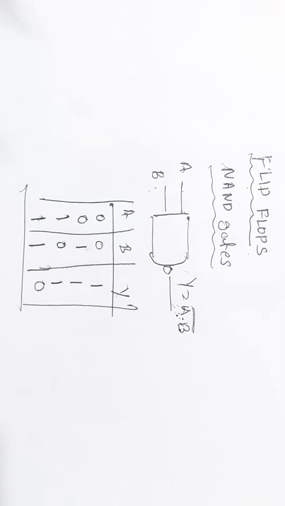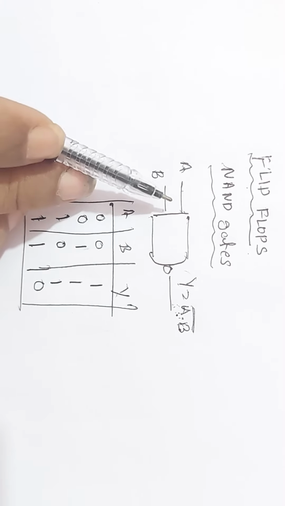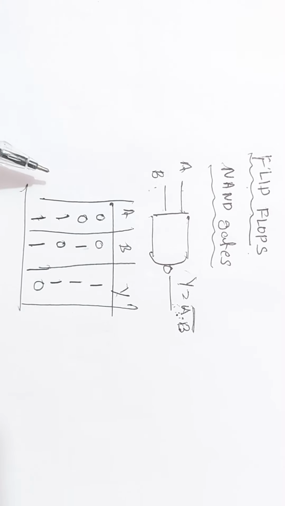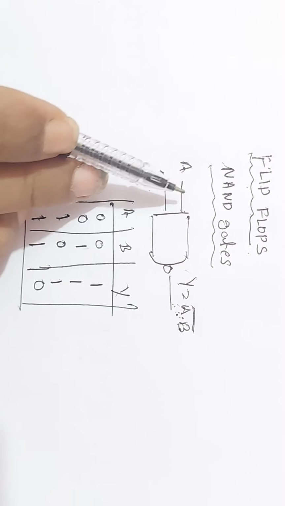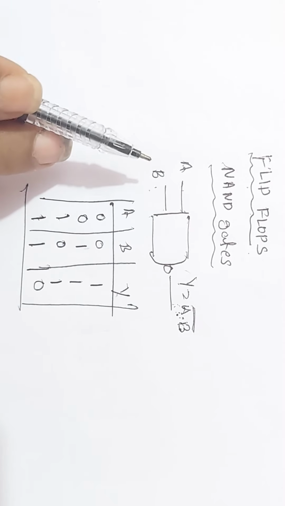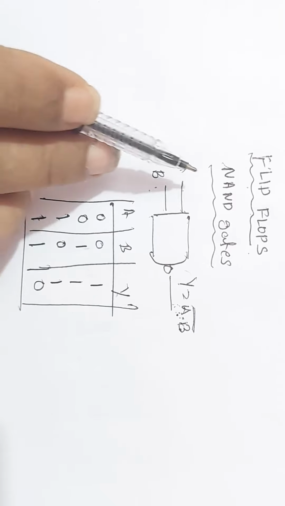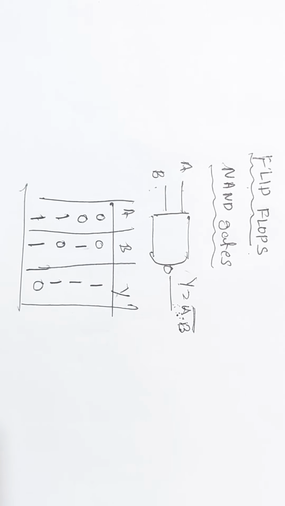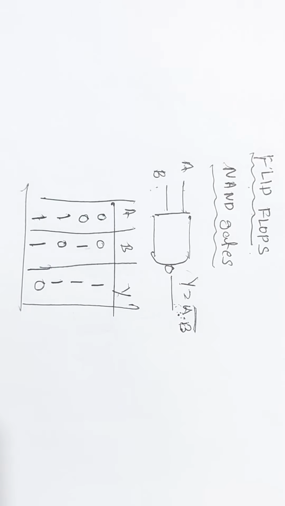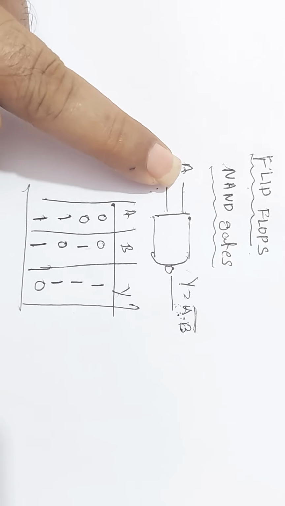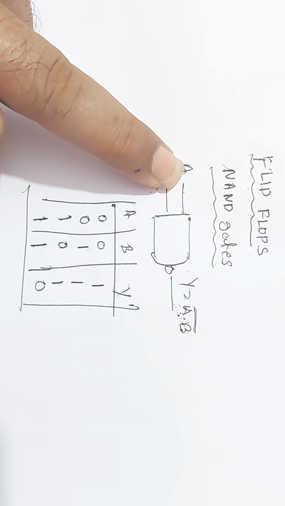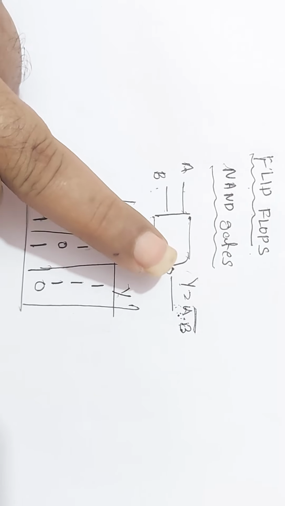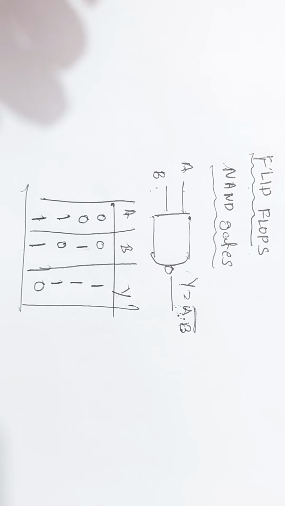Even if the NAND gate has a number of inputs, if any one input is 0, 0 multiplied by all 1s is 0, complementary is 1, therefore the output is 1. To discuss the flip-flops, you should know that if any one of the inputs of the NAND gate is 0, the output is 1. Remember this for the study of the flip-flop.